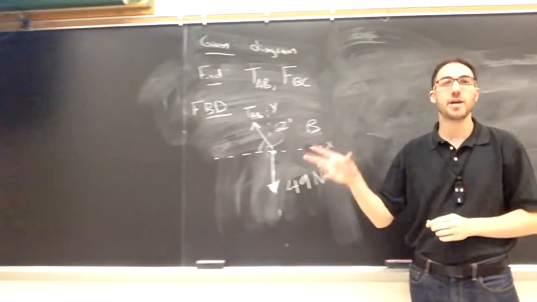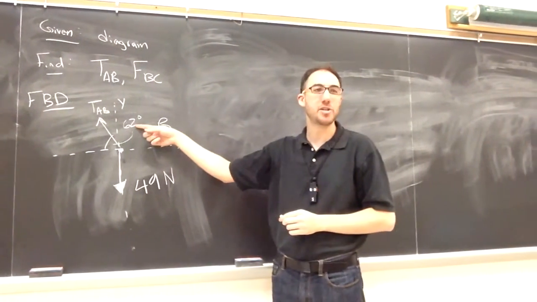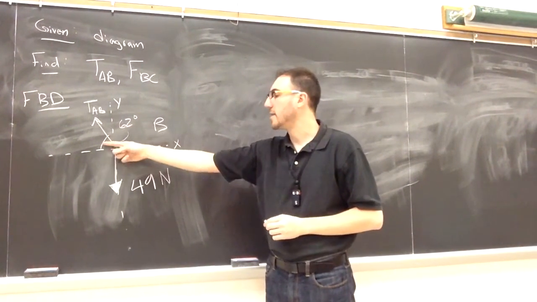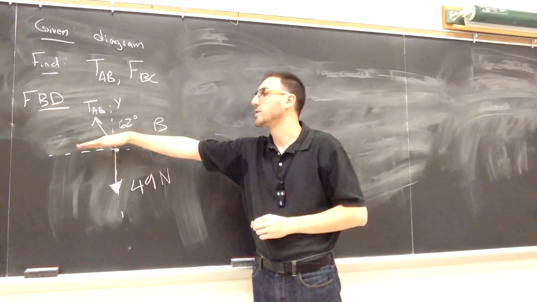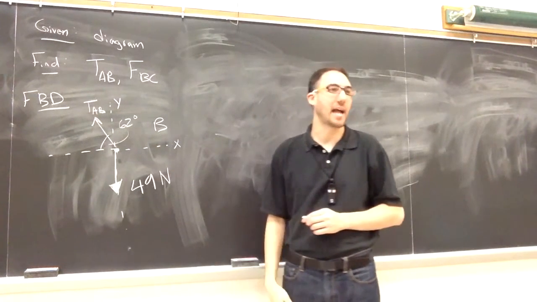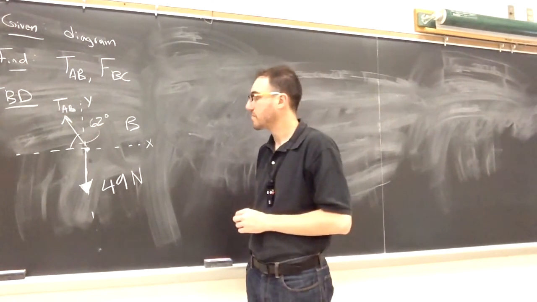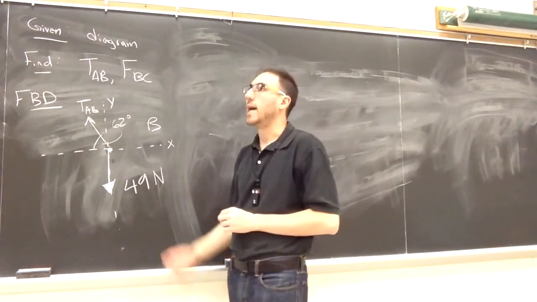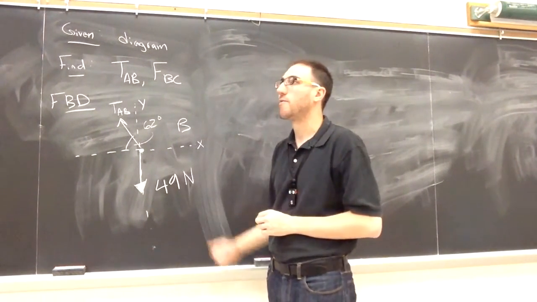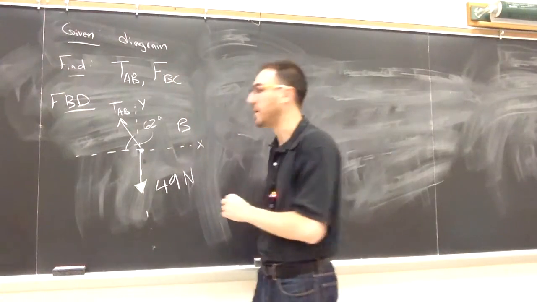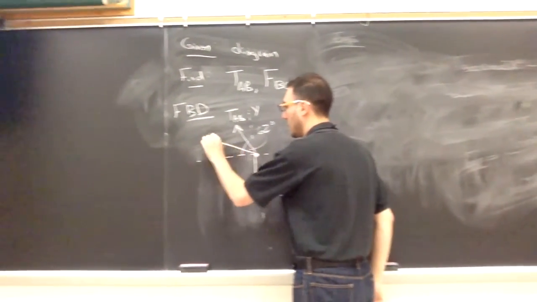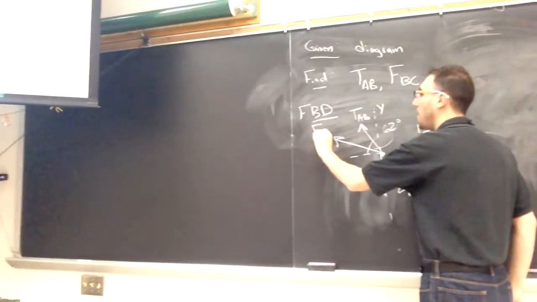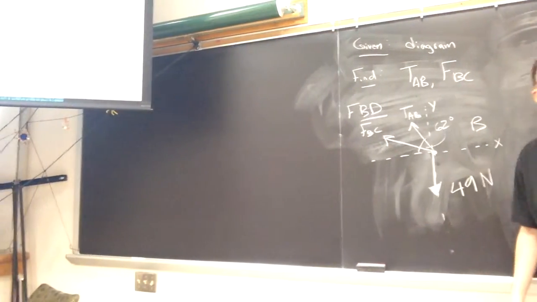So we can use that geometric information. This is the dimension step. I'm putting in that this is acting at 62 degrees from the negative x-axis. And then we also have a force from the bar from B to C. Now a bar can be in tension or compression.